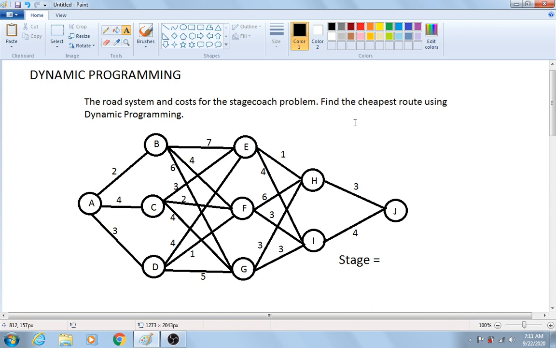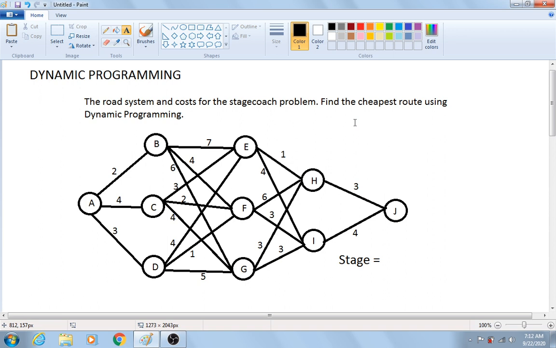It is easy to see that this is the shortest route problem, and there are other algorithms that we can use to find the shortest route. But here you can see that we can also use dynamic programming to solve that problem. Dynamic programming is a very powerful tool in mathematics that we can use to solve various types of problems.